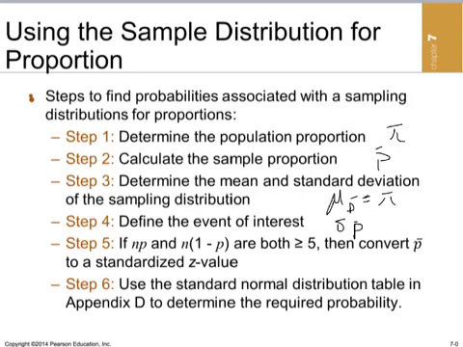Usually it is the probability that a sample proportion would be greater than some value, less than some value, or between two values. If both of these conditions are satisfied, n times p, in this case n times pi, and n times 1 minus pi, then we could use a standardized z value and use the normal distribution table that would then allow us to calculate the probabilities that we desire.